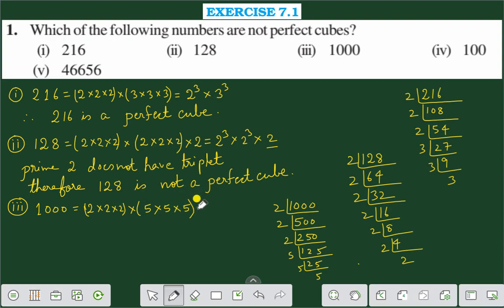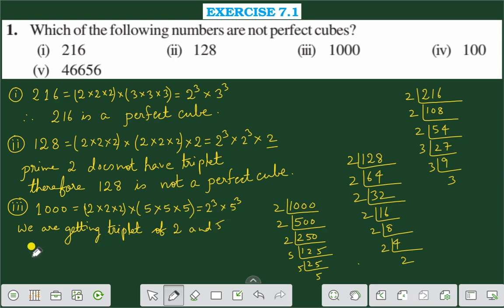It can be written as 2 to the power cube into 5 to the power cube. That means we are getting a triplet of 2 and 5.